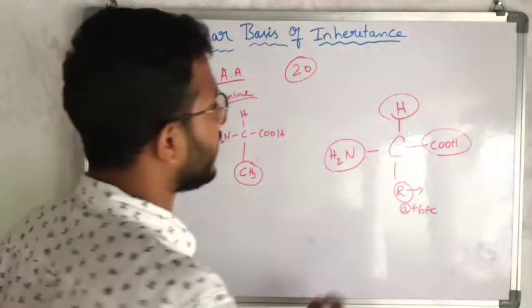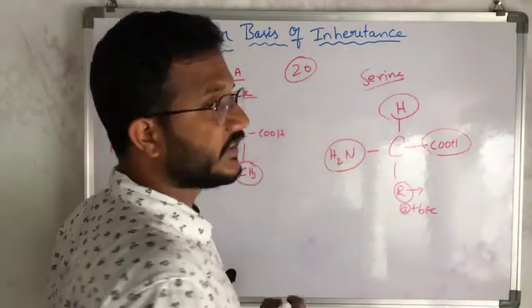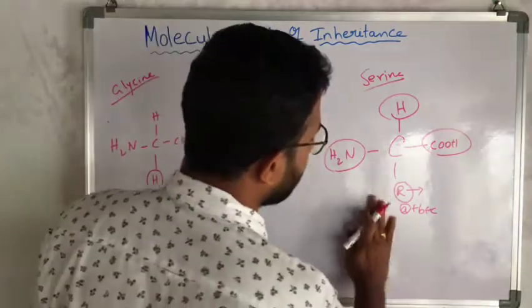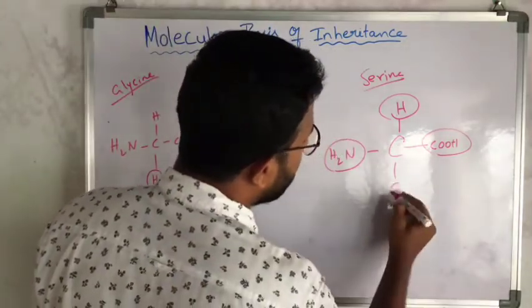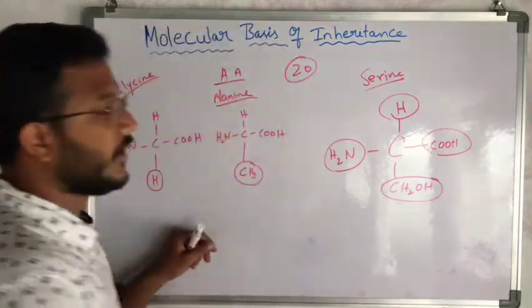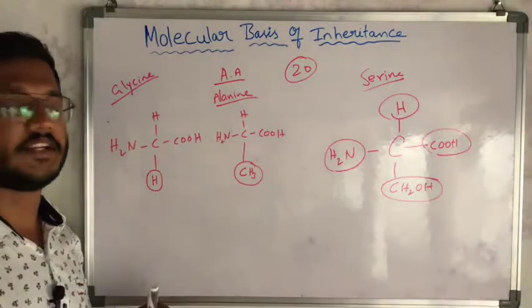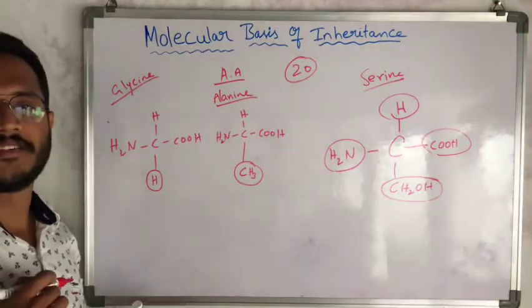And another amino acid, serine. In this R group, it is replaced by CH2OH. So if the functional group is CH2OH, you have to say that is serine.